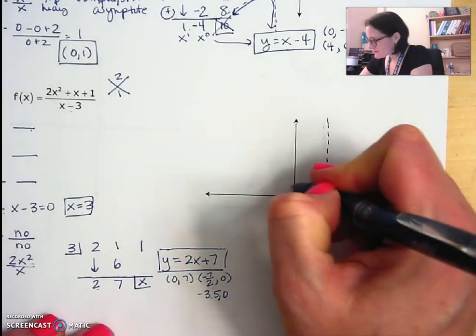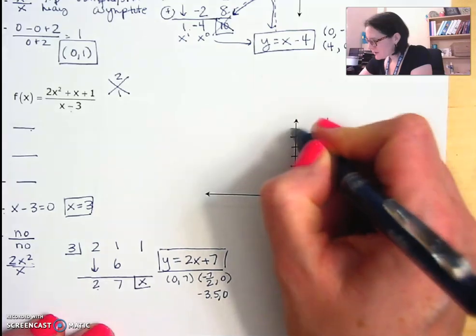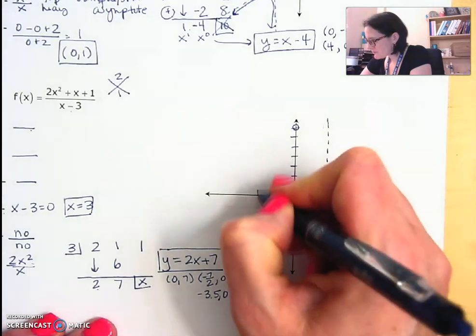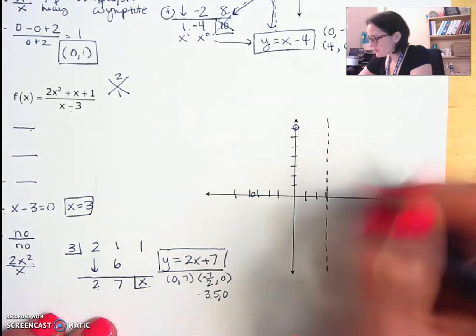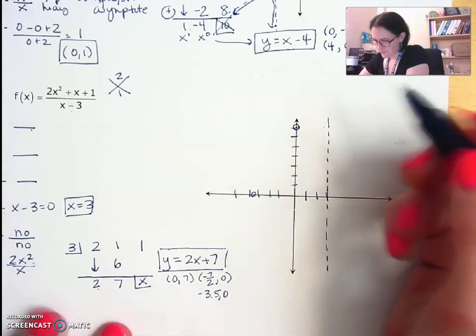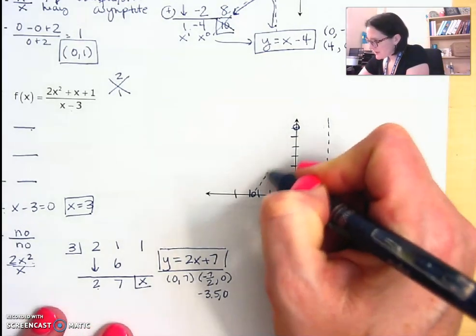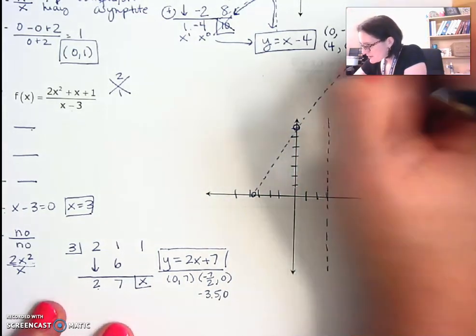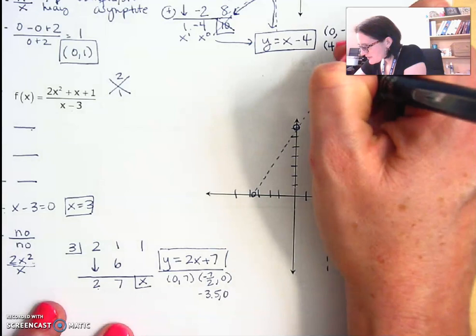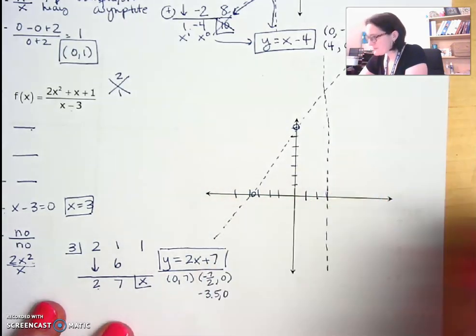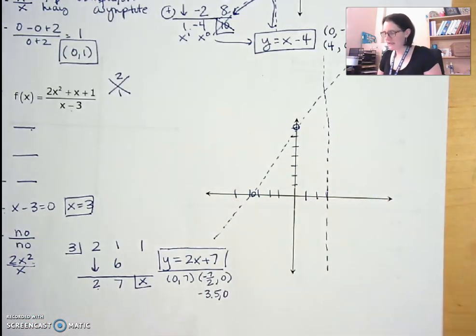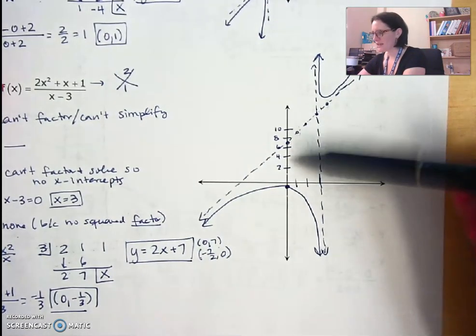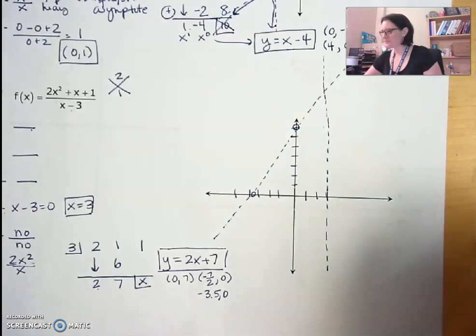So 0, 7, open circle, and then negative 3.5, 0, open circle, and then my dashed line. And you can see how it's kind of going off here. I need it to intersect here. So I'm just going to extend those. On my PDF in the Google Classroom, I did the vertical scale by 2. So you might want to do that to fit it on your graph better, but I just didn't do it here.